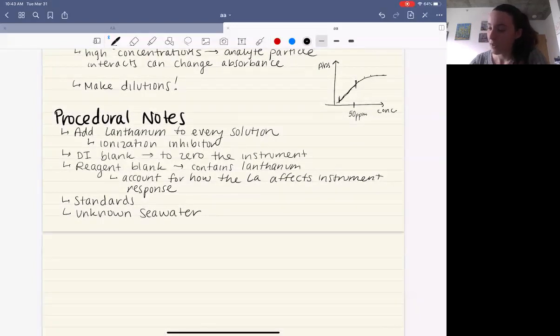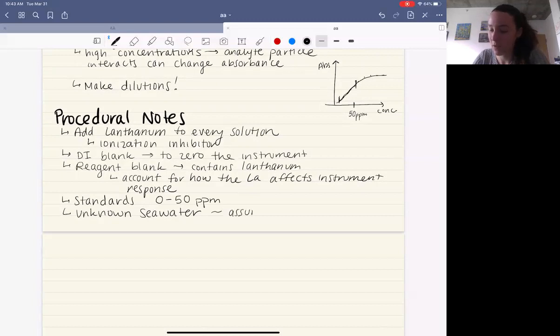So that means our standards should be somewhere between 0 and 50 ppm. And our unknown seawater, just note that it's approximately 400 ppm.